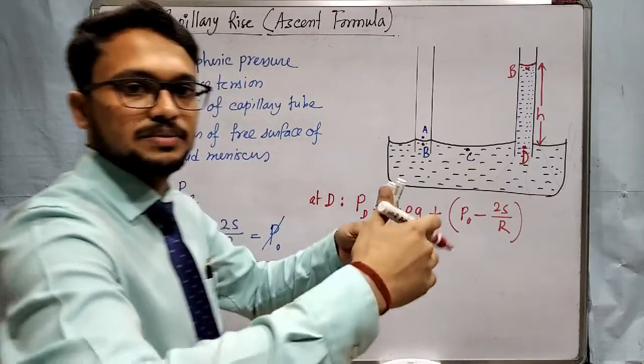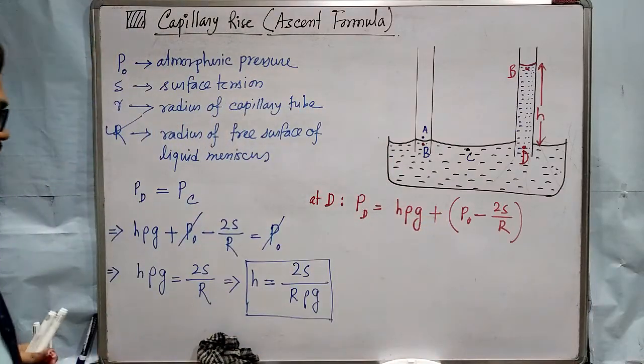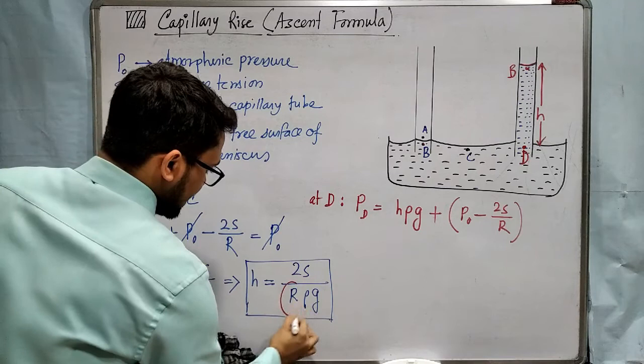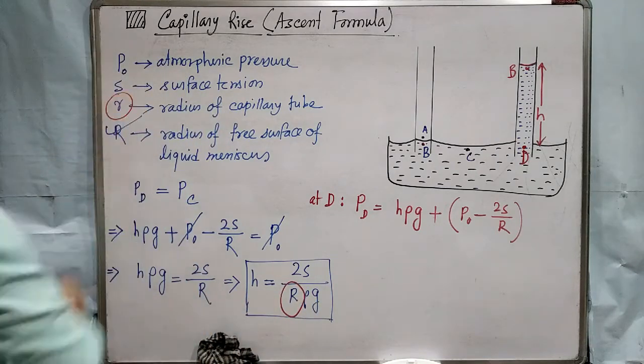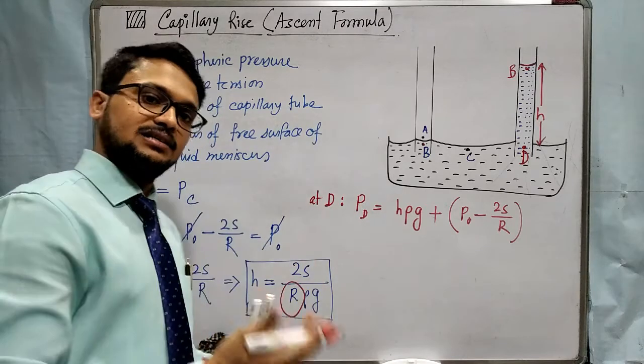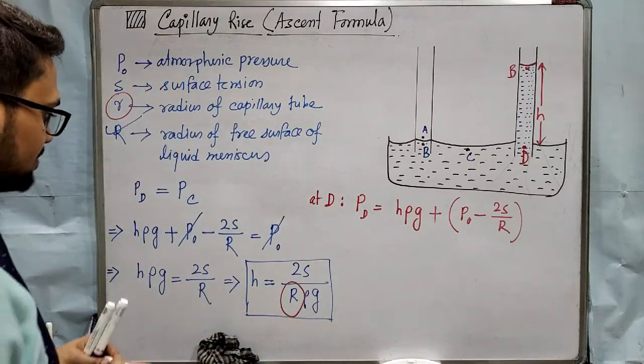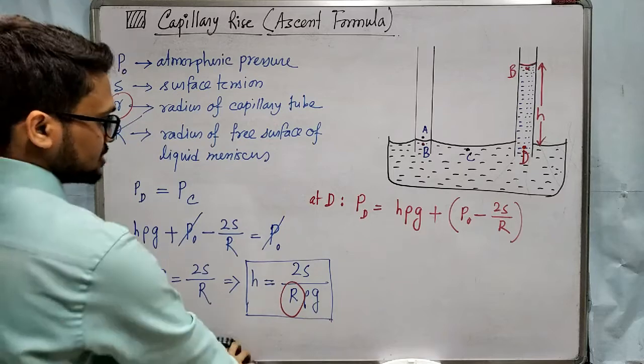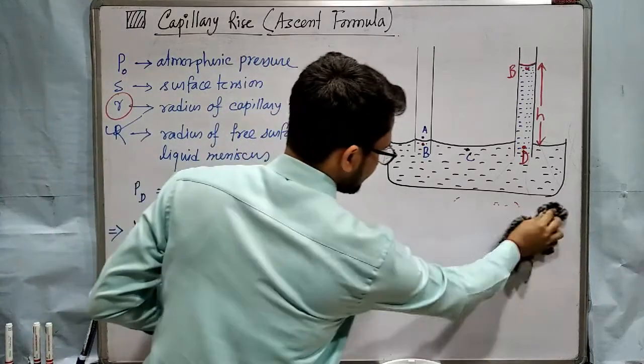It will look like a sphere. So we will convert this R into the smaller r, the radius of the capillary tube, which is a measurable quantity. So we will convert this capital R into smaller r. So how will you convert this?